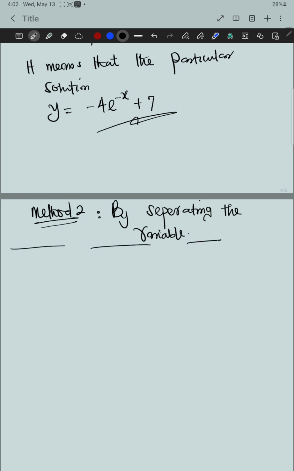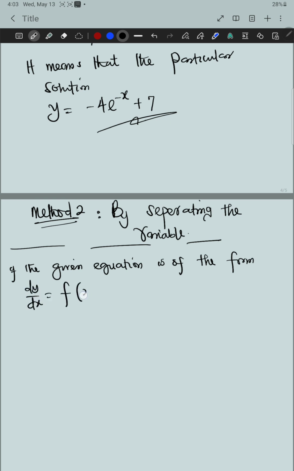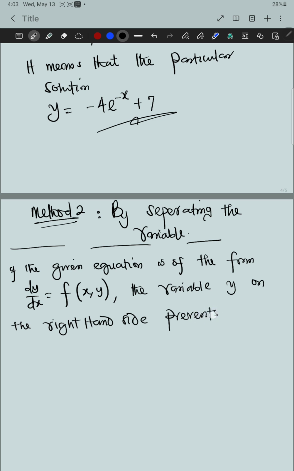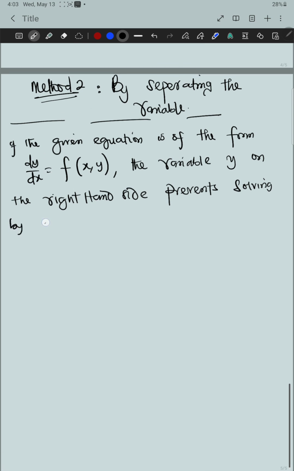So our thought on this is that if the given equation is of the form dy over dx equals an equation containing two independent variables, the variable y on the right hand side prevents solving by direct integration.